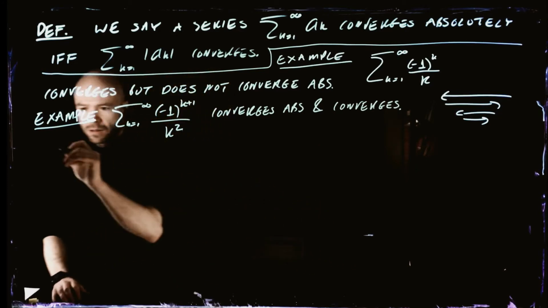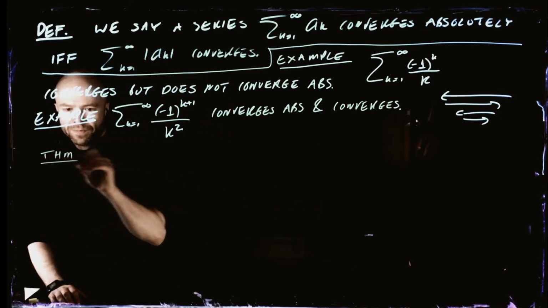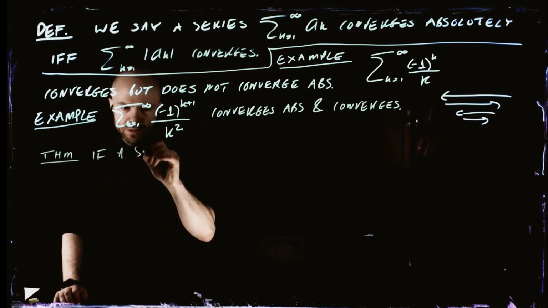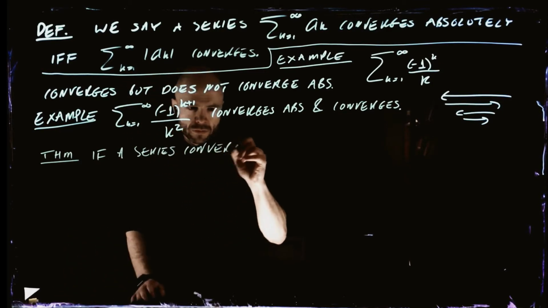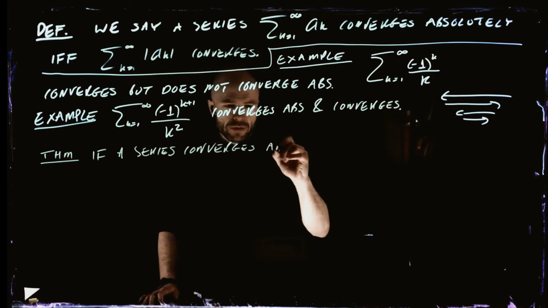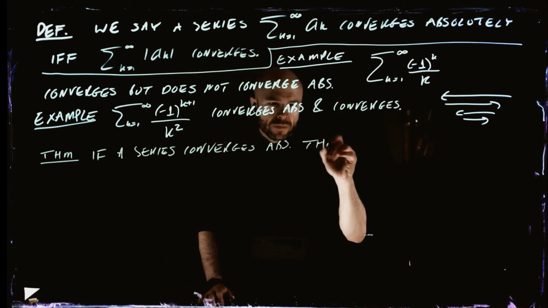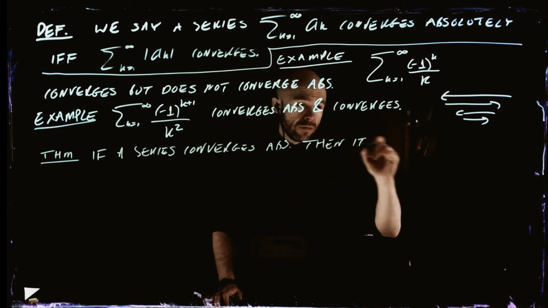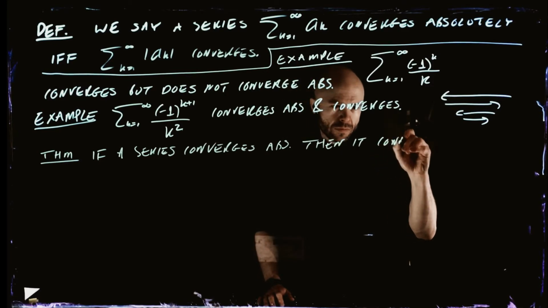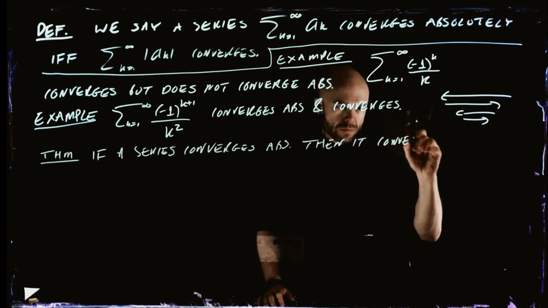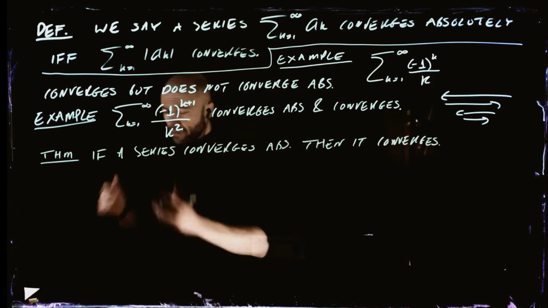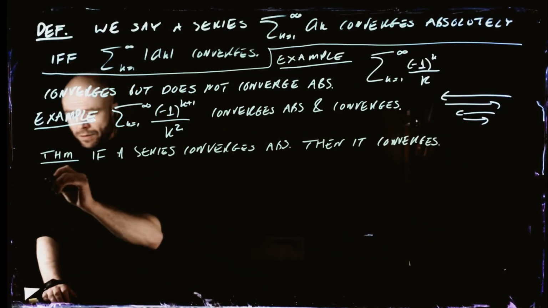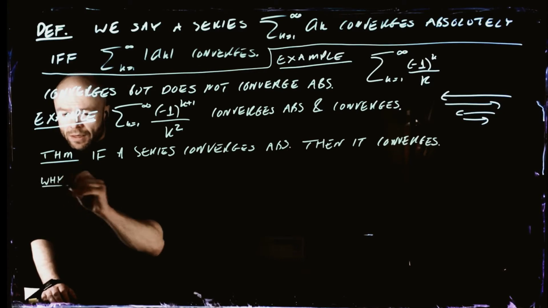Okay, and let's just state that as a theorem. If a series converges absolutely, then it converges. I want to show you why, because it's very quick and easy to see why.